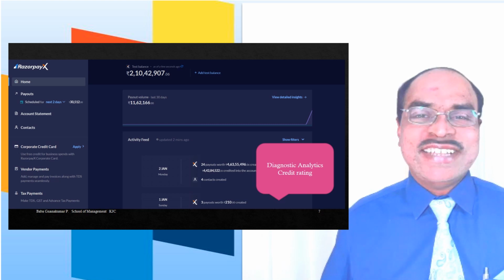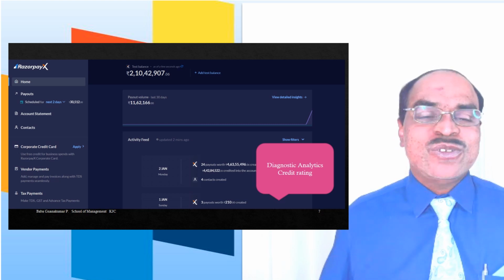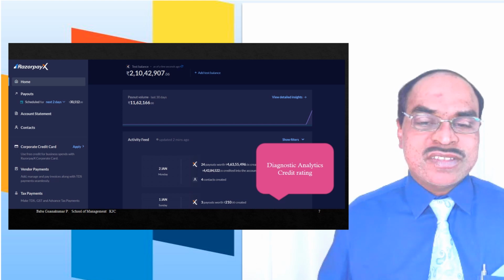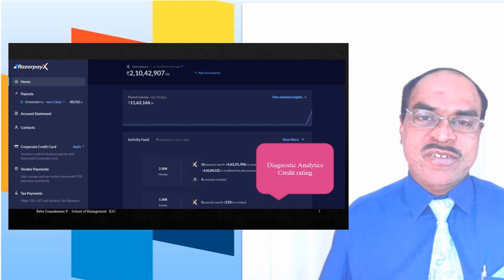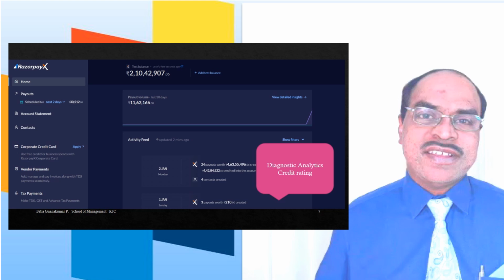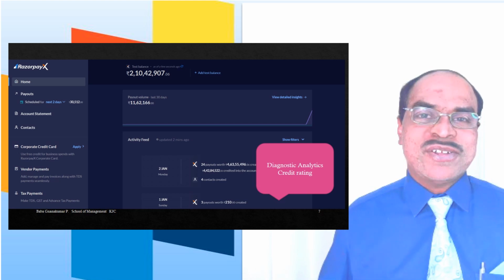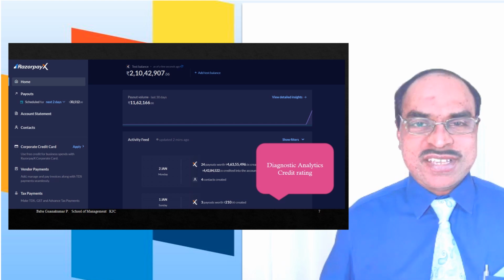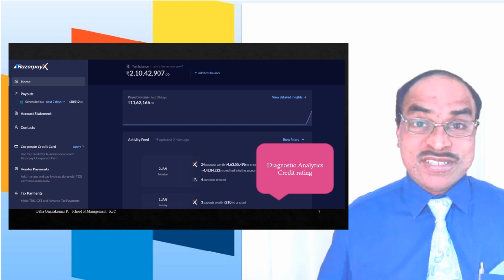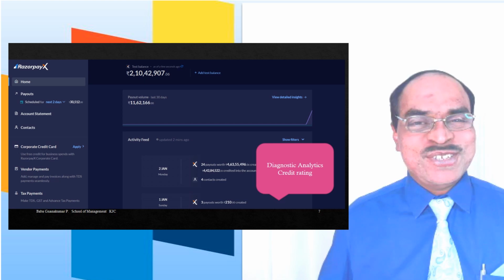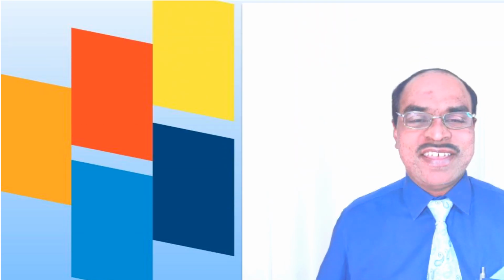That is the diagnostic analytics used by Razorpay. That is why they clearly mention how much loan you can borrow, how to borrow, how easily you can borrow, and whether you have the repayment capacity.